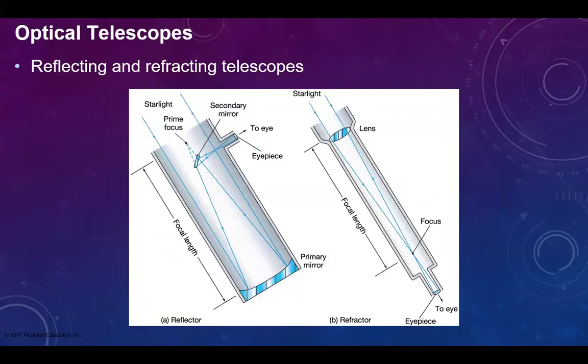So here again, these are reflecting and refracting telescopes. This is sort of the original Newtonian design. The reflecting telescope was invented by Isaac Newton. And here is a refractive telescope.